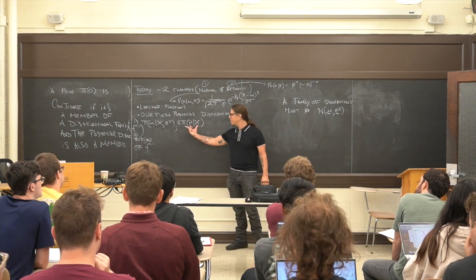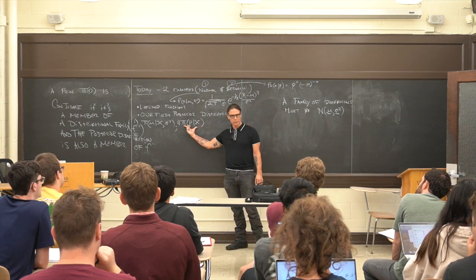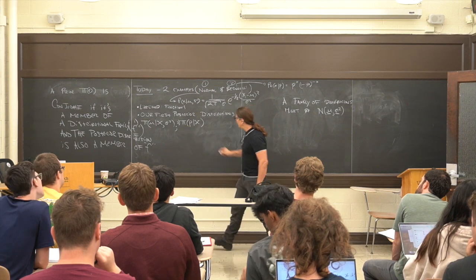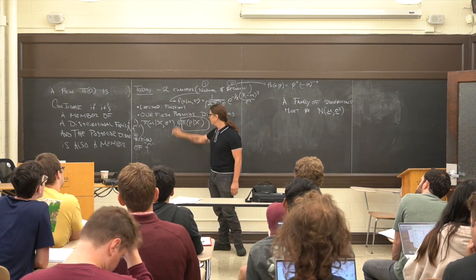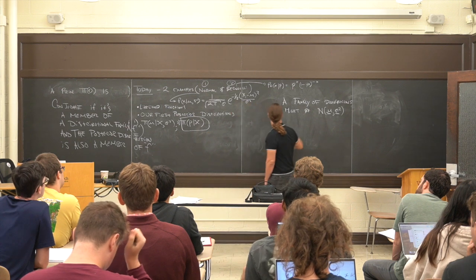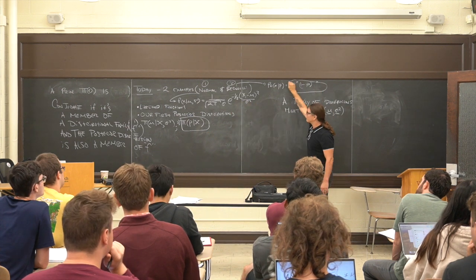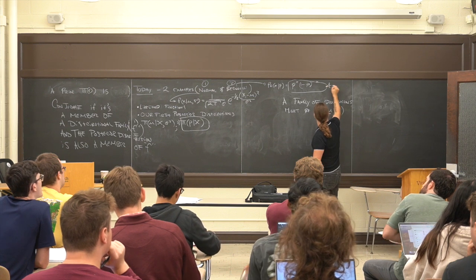But I want to start maybe with this one right here. So let's just look at this example. We're going to try to build this posterior distribution. The sampling distribution looks like this. So that's the sampling distribution.